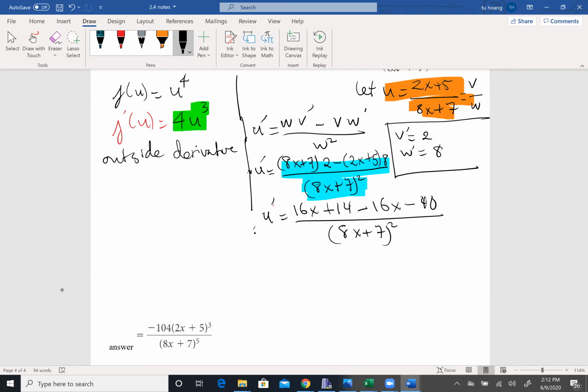And now I can cancel this and this. And I will have u prime equal to, what is that? Positive 14 minus 40 is going to give me negative 26 over 8x plus 7 squared.